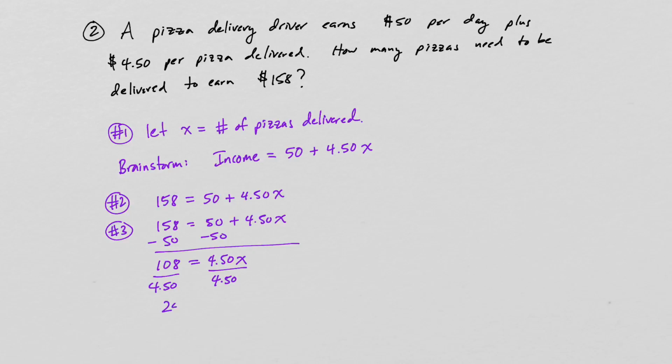And this gives us 24 is equal to X. And since X represents the number of pizzas delivered, this is the answer to the question. So the driver needs to deliver 24 pizzas.